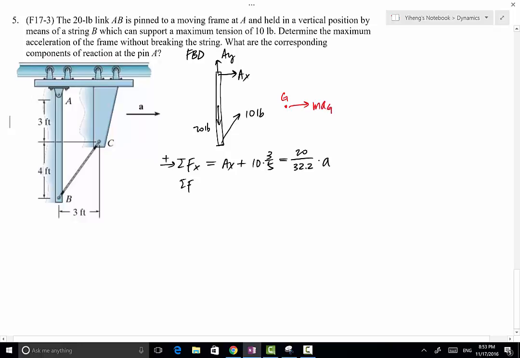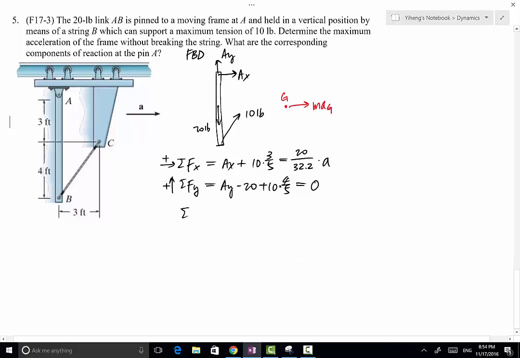Resultant force along the y direction equals AY minus 20, that's the weight, plus 10 has the vertical component of 4/5. There's no motion along the vertical direction, and that equals 0. And lastly, let's write a moment equation. There are multiple options.